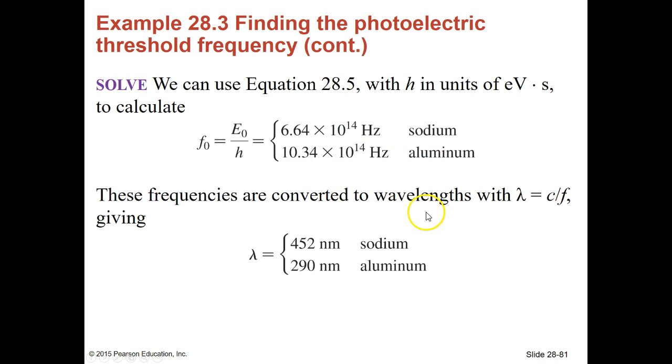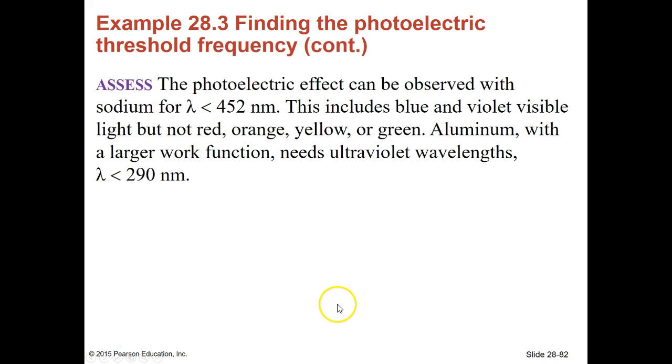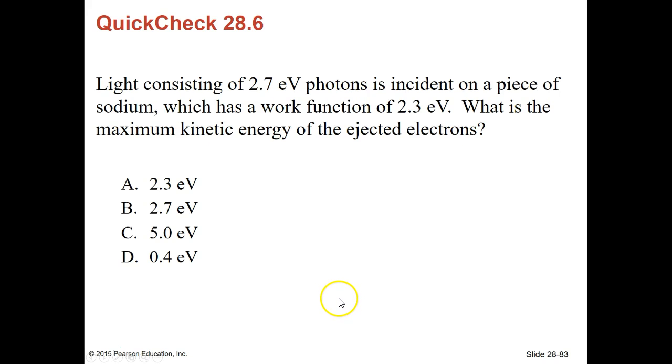I can convert these to wavelengths very easily using c over f, the speed of light divided by the frequency, and here we get 452 and 290 nanometers respectively for sodium and aluminum. And so that works out pretty well.